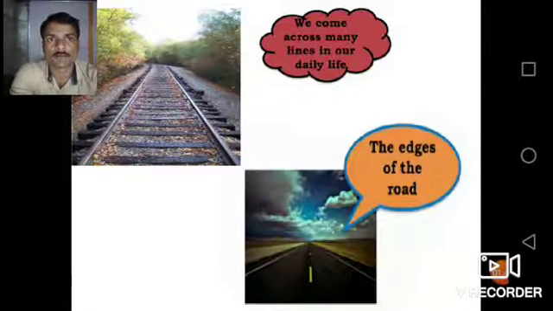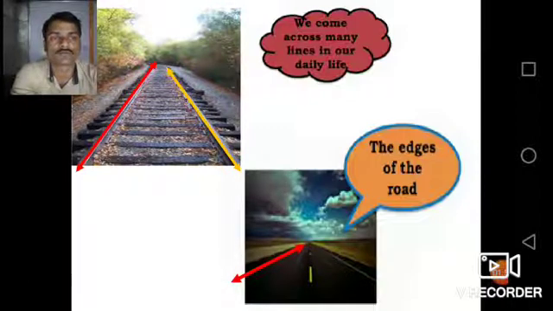Here, railway tracks show two lines, and also the edges of the roads show two lines. At least 2 points are required to determine a line.